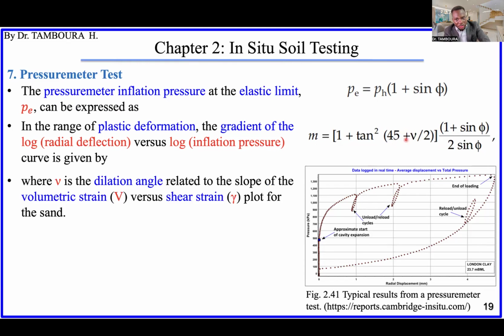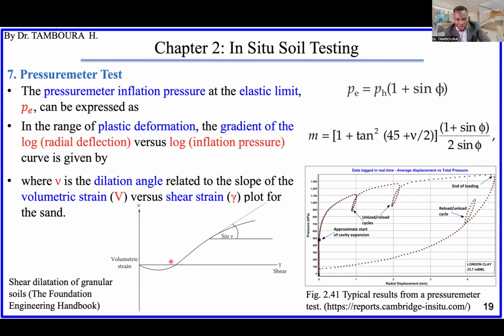So in this, this V is the dilation angle related to the slope of the volumetric strain versus shear strain, like this. Volumetric strain, shear strain. This angle here.